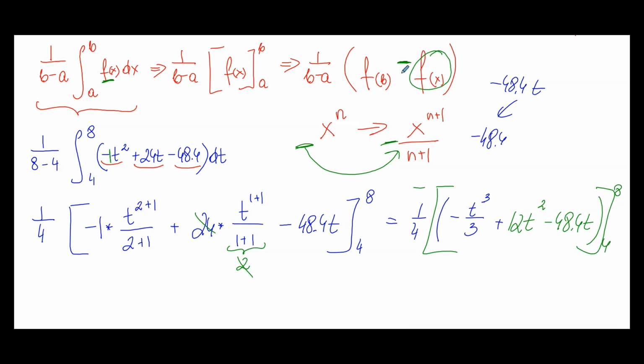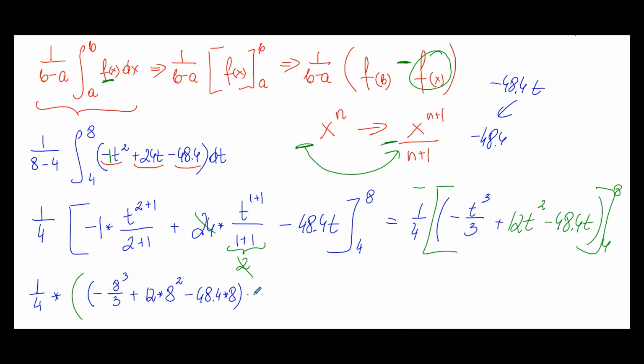Now, what are we doing? The last part: we take that function. Don't forget about your fraction, multiply. We replace the variable with the higher interval value. So that means minus 8 to the power of 3 over 3 plus 12 multiplied by 8 to the power of 2 minus 48.4 multiplied by 8.